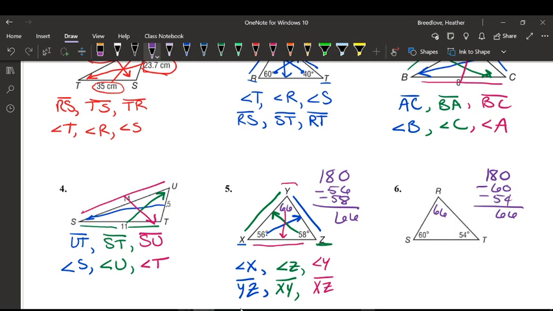This one, the smallest angle is 54 degrees. 54 degrees is angle T, and then the side across is side RS or side SR. It doesn't matter which order you put the letters on these. It's still the same side. So 54 degrees, 60 degrees, 66. 60 degrees is angle S. Angle S is across from side RT.